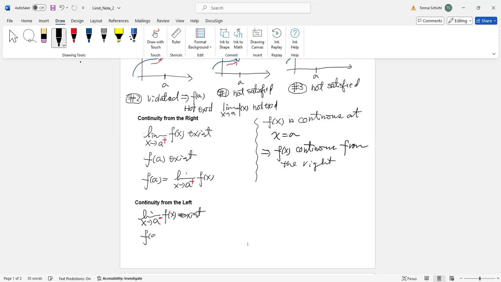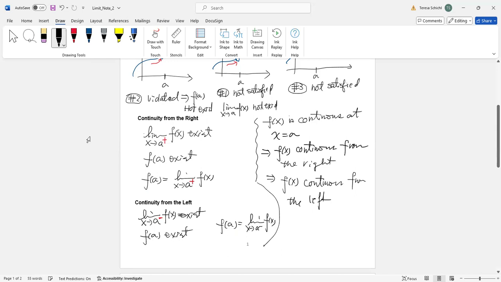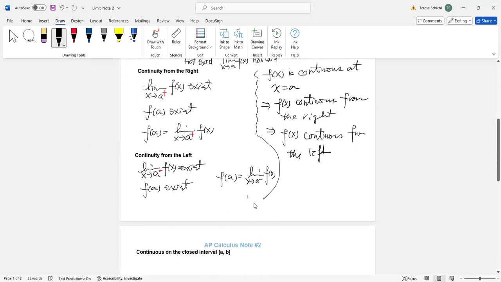The same thing, f of a exists, and f of a equals the limit as x approaches a from the left-hand side of f of x. So if f is continuous, then f of x is also continuous from the left.